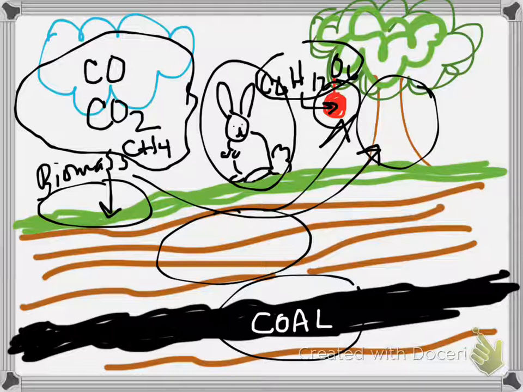So we've taken the carbon atoms from these things, from the methane and the carbon dioxide, mostly from the carbon dioxide, and those plants have turned them into other chemical compounds. And they're storing that carbon. Now let me ask you about the carbon in the bunny. What do bunnies eat?